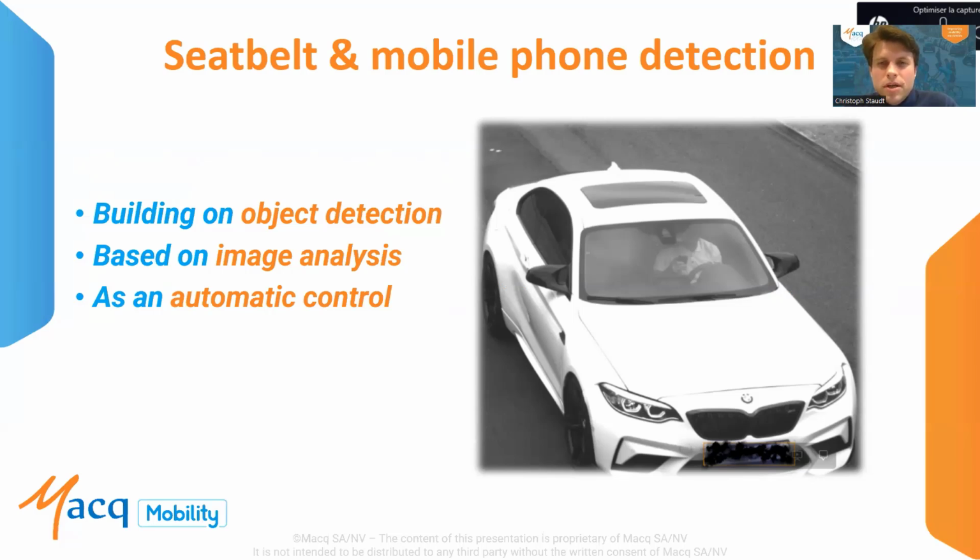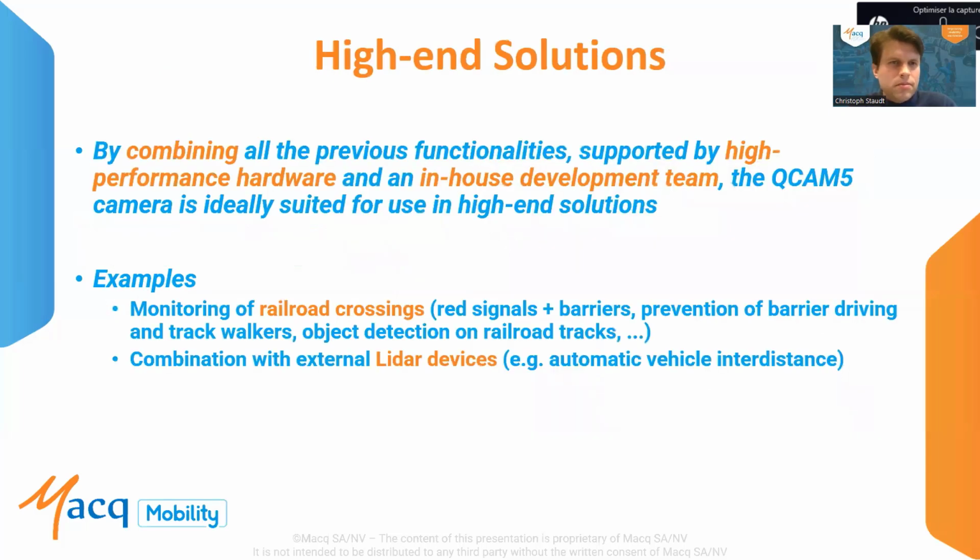So the person with a white shirt has neither the seatbelt on, and at the same time he's using the phone. It's a great example. And this is done automatically. So our AI, each frame, each picture which the camera is taking of one vehicle, detects if the person inside has put the seatbelt on or uses the mobile phone.